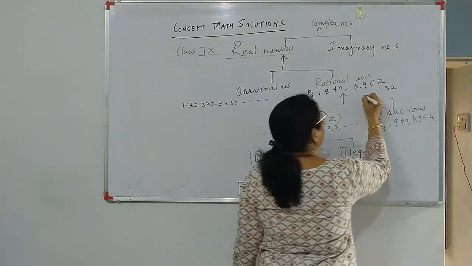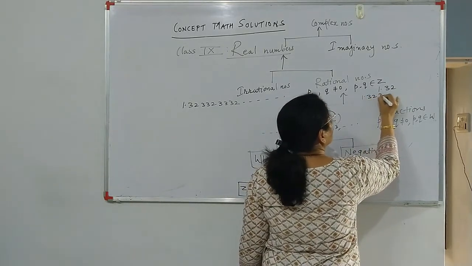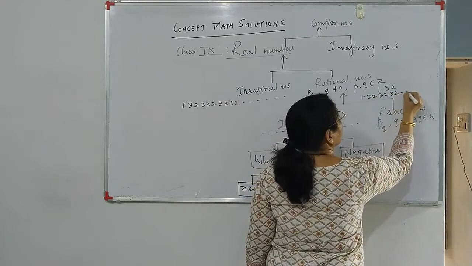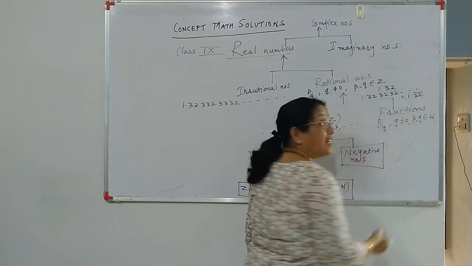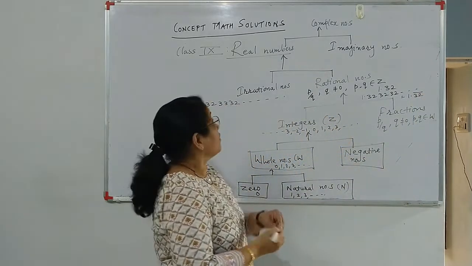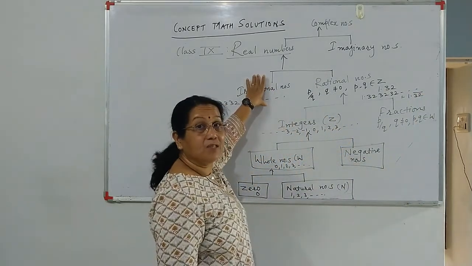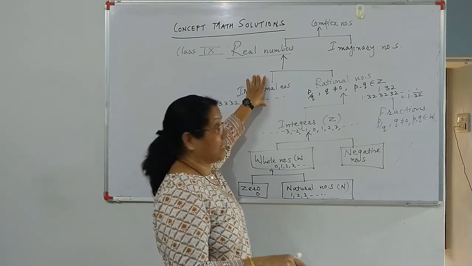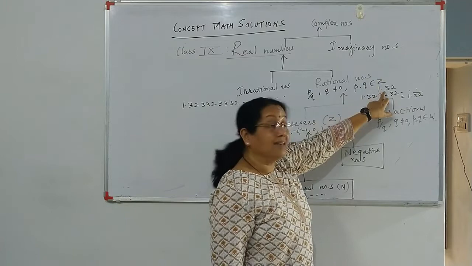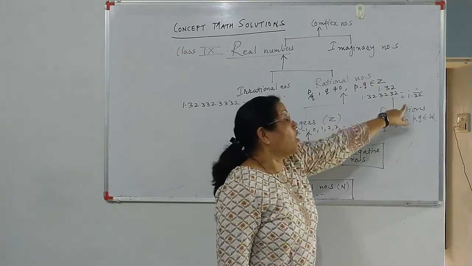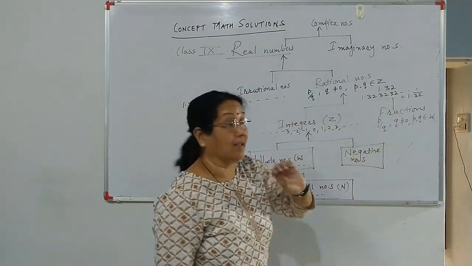Or I can even have 1.3232..., which is also rational because I can write it as 1.32 with a bar. It repeats, right? So irrational numbers are non-terminating, non-repeating. Rational numbers are either terminating, or non-terminating but repeating.